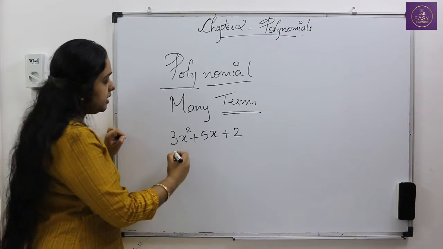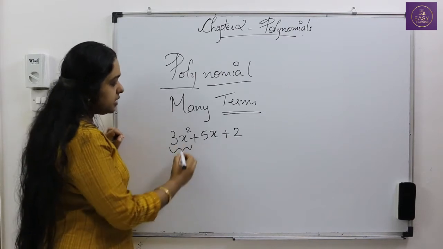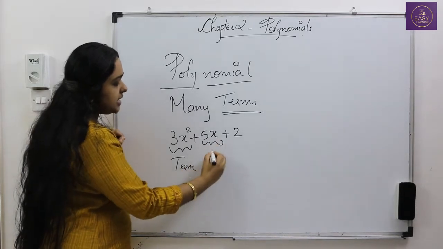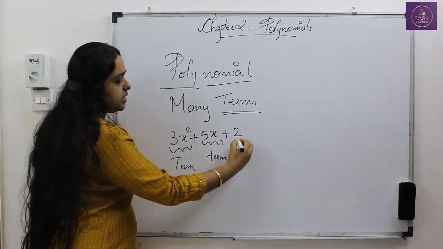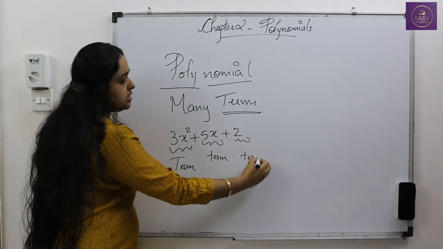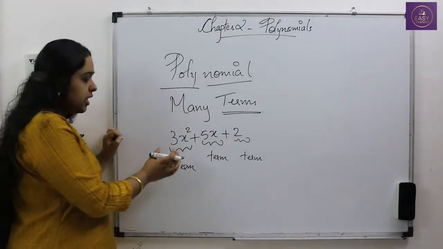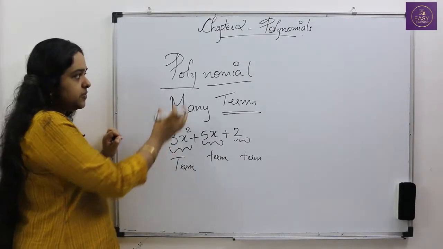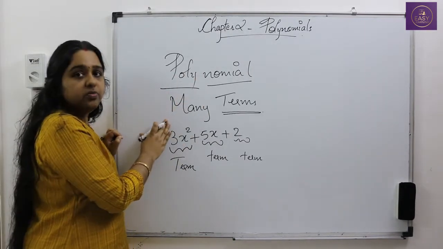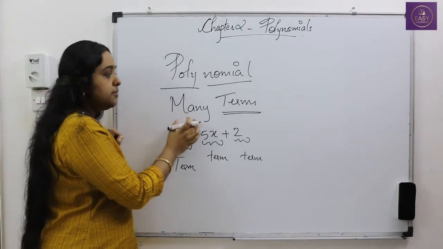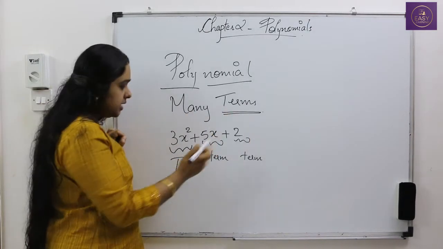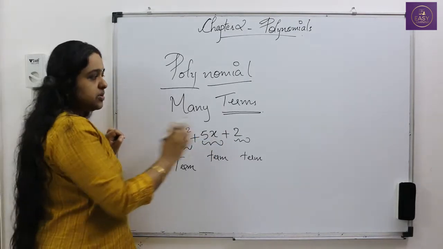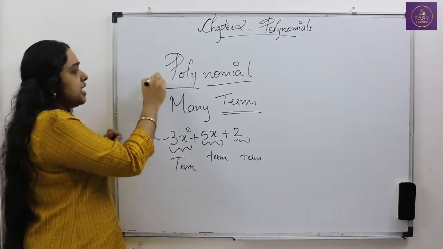Here 3x square is called a term, 5x is another term and 2 is another term. So I hope now you understand what a term is. A polynomial is an algebraic expression with many terms. In this example, there are 3 terms, so we can call this a polynomial.